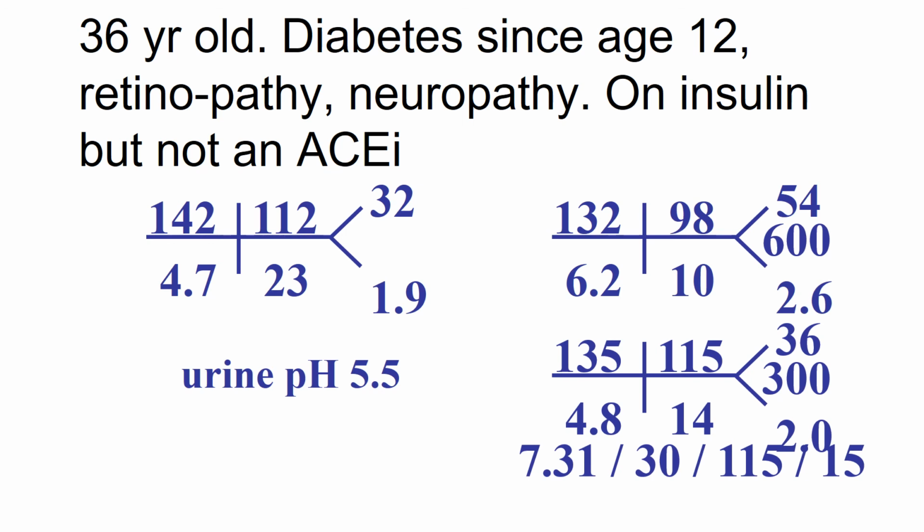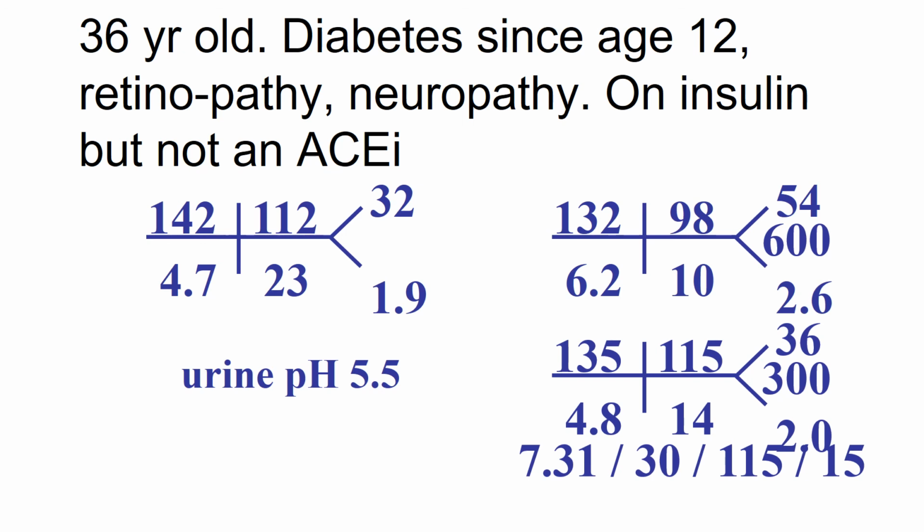So let's calculate the compensation here. The bicarbonate is 14, so the predicted CO2 should be 1.5 times the bicarbonate plus 8, right?